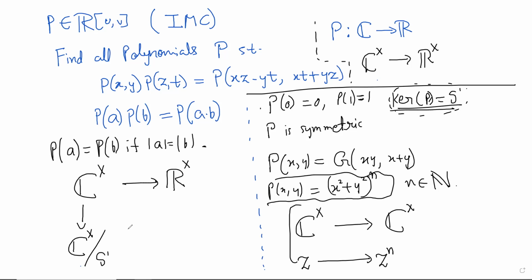And so the function factors from here. But then what is this function? This function is Z going to norm Z. So this is a radial function.